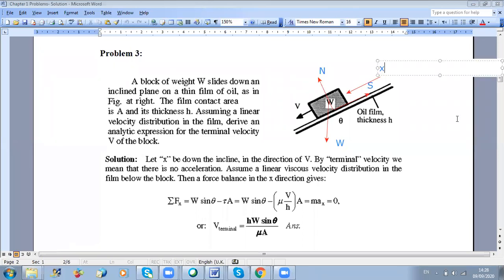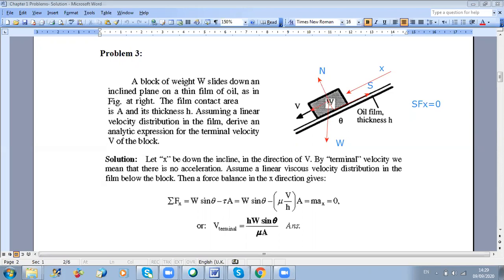Now, if I want to say that the sum of Fx is equal to 0, then I should project my forces along the x direction. For the normal, the projection is 0 since N is perpendicular to x, so I don't care about N. Now I should project the weight. It is clear from the figure that the weight projection will be along the direction of motion.